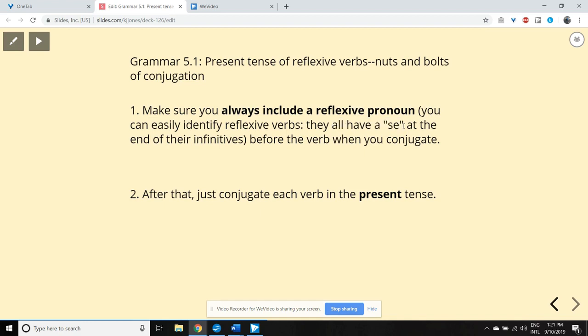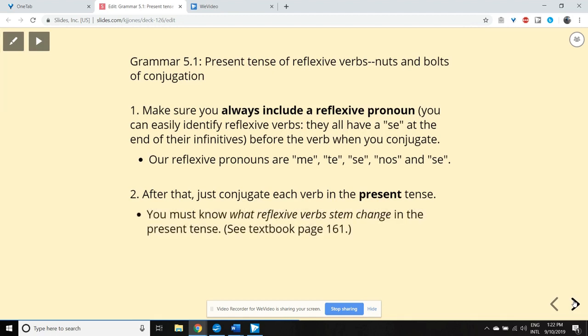So, before you conjugate any reflexive verb in Spanish, you have to include its reflexive pronouns, and let's quickly review what those are. Again, they are me, te, se, nos, and se. After you've got the reflexive pronoun taken care of, then the next thing you need to do is conjugate each verb in the present tense.